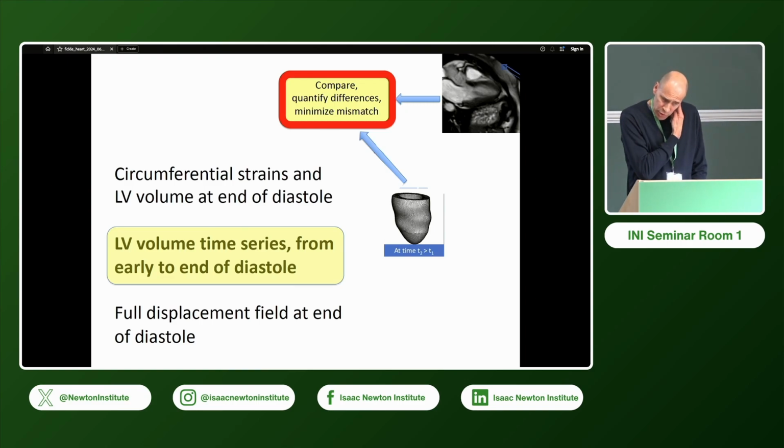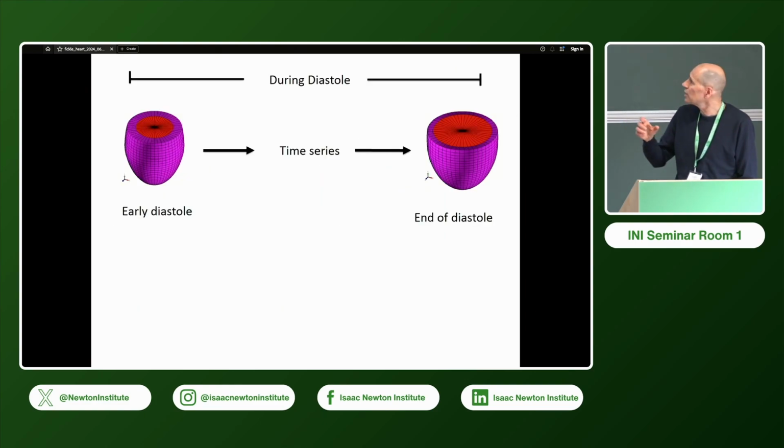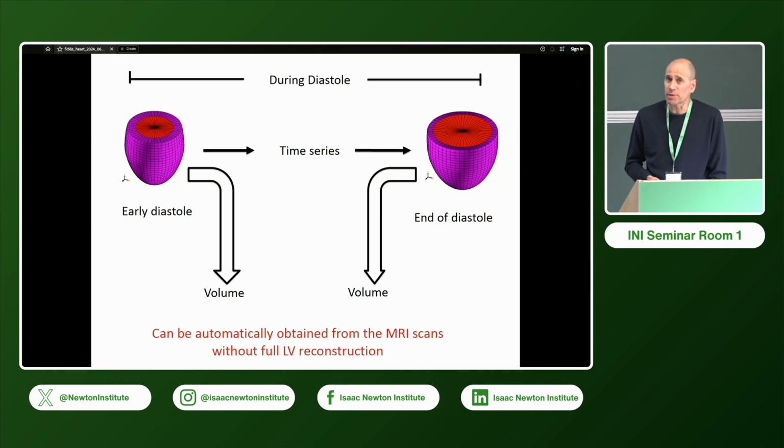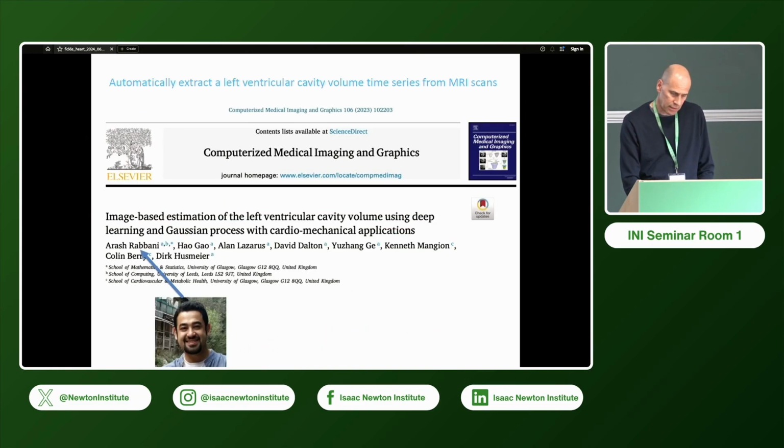So we tried a different approach, only looking at the volume of the left ventricle. So we focus on diastole and the inflation of the left ventricle during diastole. And we only extract the volume as a time series going from early diastole to late diastole. The reason for that is that the volume can easily be extracted from magnetic resonance image scans.